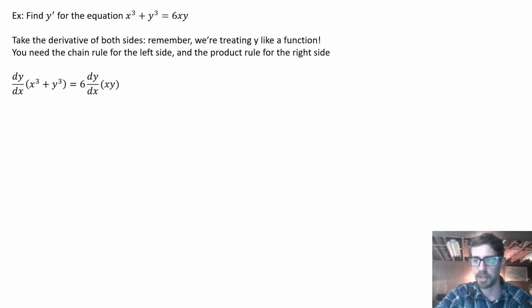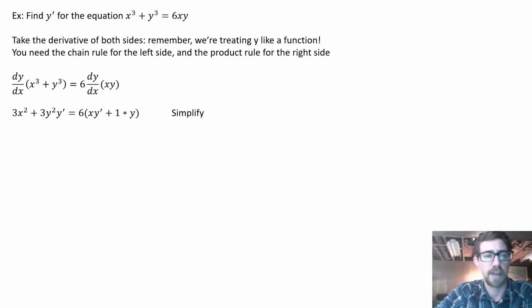So the 6 I'm leaving on the outside because it just comes with. So we have 3x squared plus, again, the derivative of a function cubed is 3 times the function squared times the derivative of the function. So the derivative of y cubed is 3y squared times y prime.